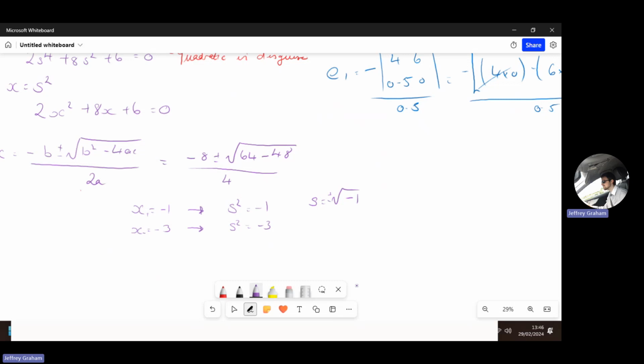We get two answers when we take the square root. So from theory, that says plus or minus j. The square root of minus 1 is often denoted as j. This bottom one, same principle, the square root of minus 3 is in fact minus 1 times the square root of 3.